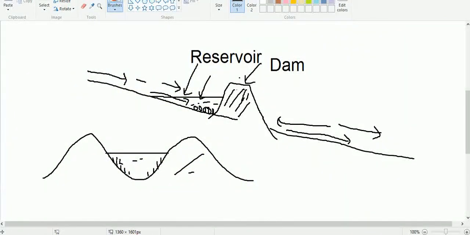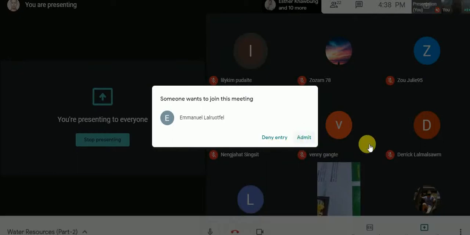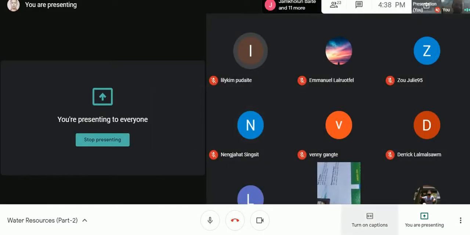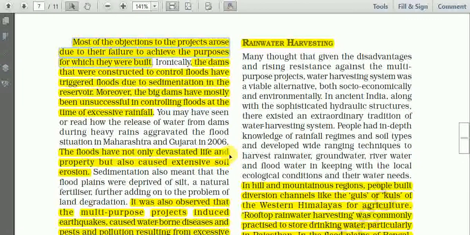Why are different communities and NGOs reacting against, objecting to, the construction of dams? That is again given here.